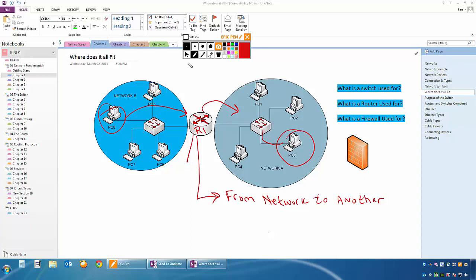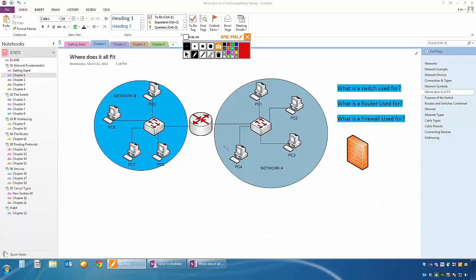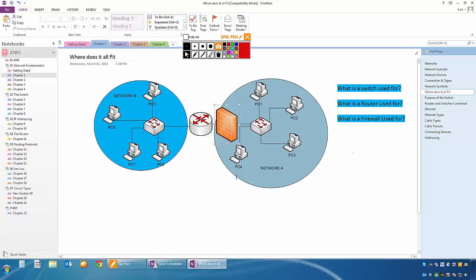And this is how all our devices fit together. This is the basics. Now, at any given moment, you can have yourself a firewall here. And you can slide that bad boy here. Which means that anytime traffic is going out of this router into this network, it has to go through this firewall.